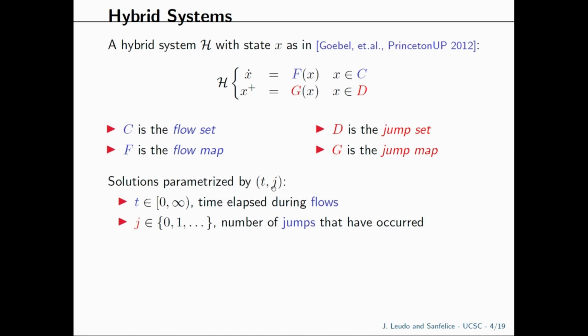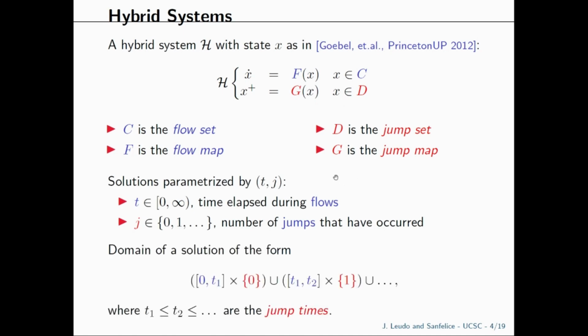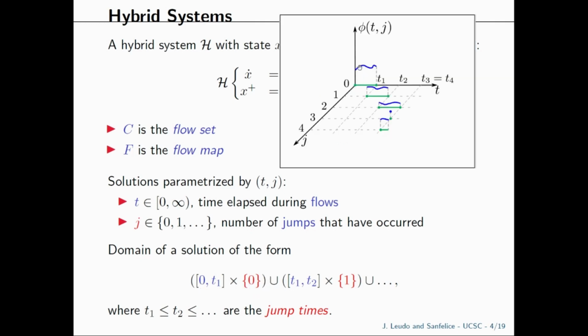Solutions are parameterized by a pair (t, j), where t is ordinary time, and j is a counter of jumps that have occurred. So the domain of the solution will be given in terms of a union of pairs of intervals of continuous time and discrete elements. In this framework, we can model solutions that evolve in hybrid time.